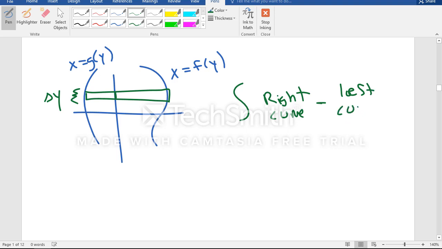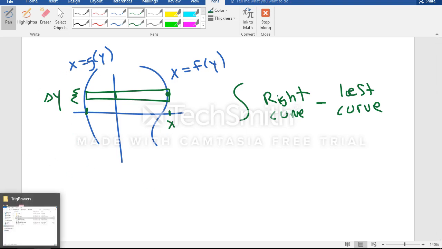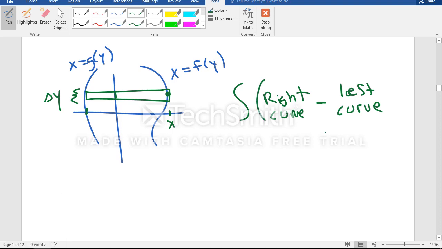Why do we consider that upper? Well, good question. Think about it: this x value is a larger number, and this x value is a smaller number. So when we do larger minus smaller, that gives us a positive measurement for the area between the curves.